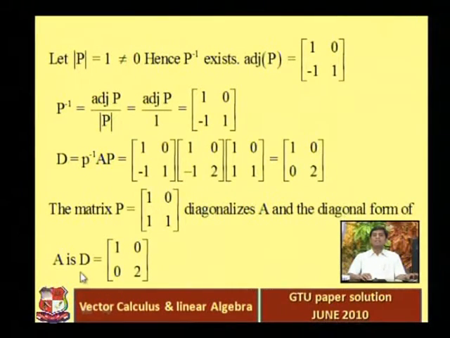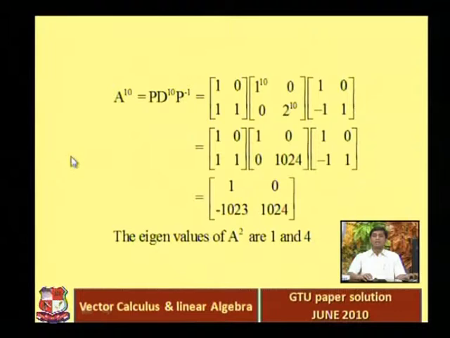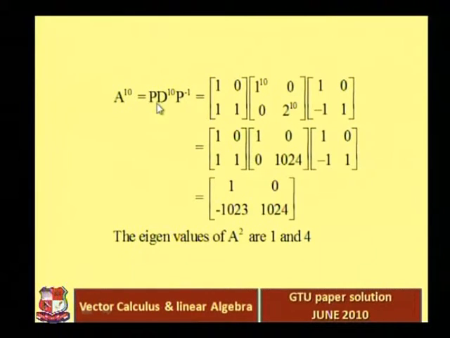Now using this diagonal matrix D, we can find A raised to 10 easily, because there is a formula. See, A raised to 10 can be found using this method: P D raised to 10 into P inverse. Now we have P, 1 0 1 1.